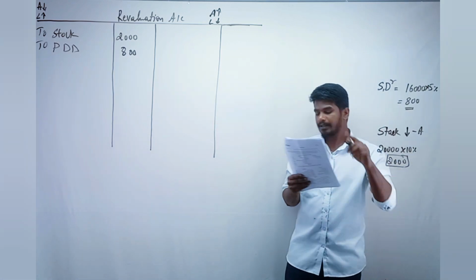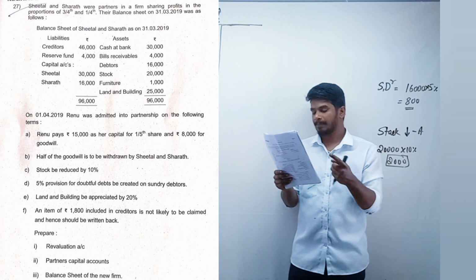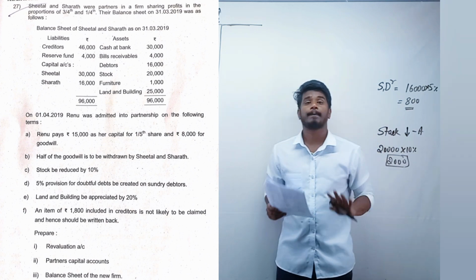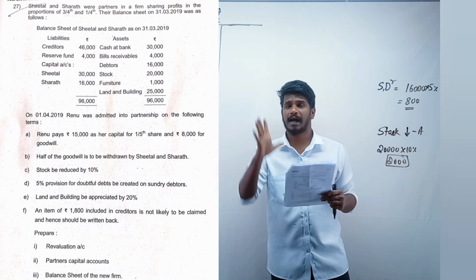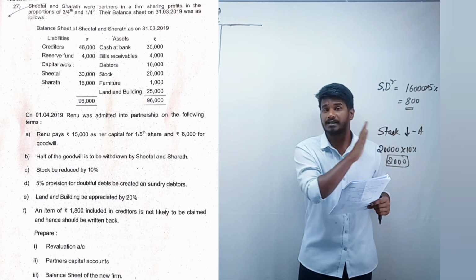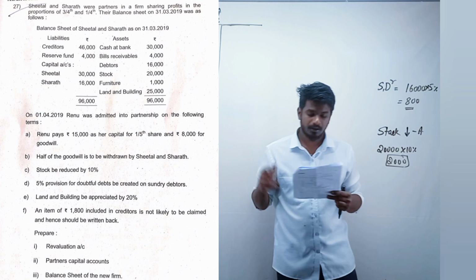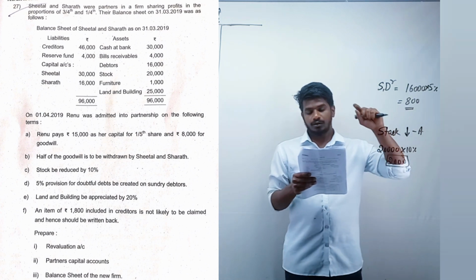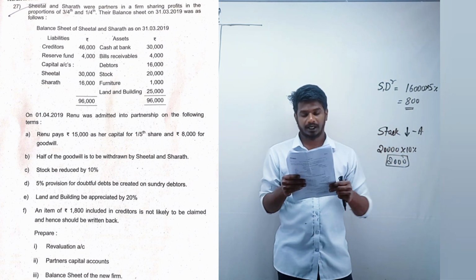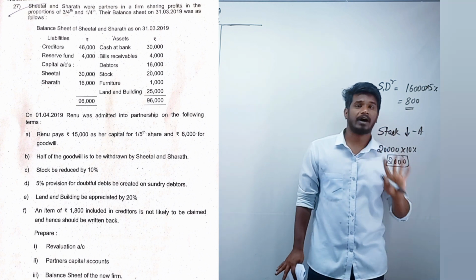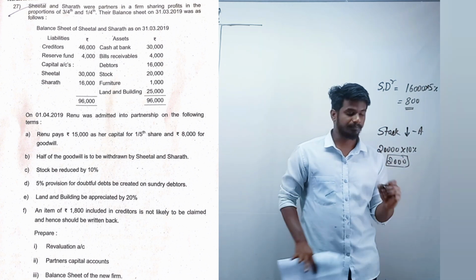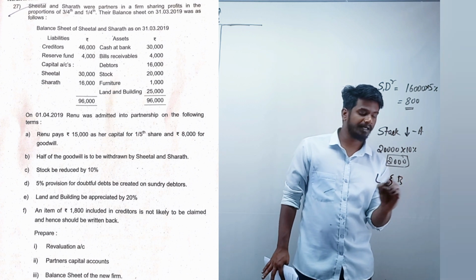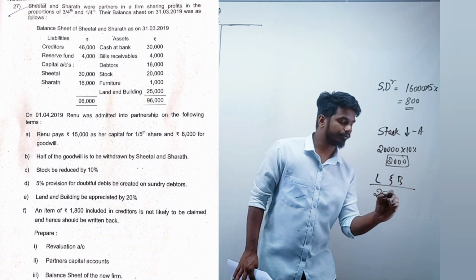Next, land and building be appreciated by 20%. Where is the land and building in the balance sheet? It is on the asset side, you can see in the question, right? Land and building is 25,000.